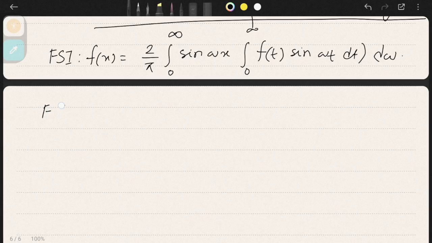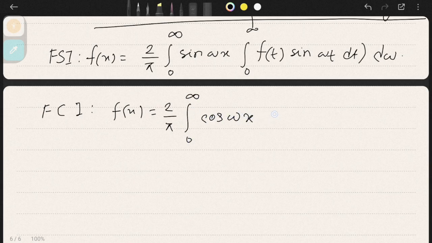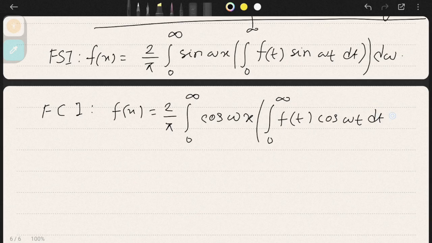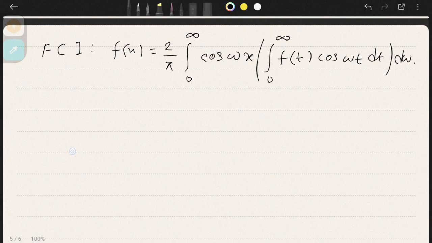And the Fourier cosine integral is given by f(x) equal to 2 by pi, integral 0 to infinity of cos omega x, times the integral 0 to infinity of f(t) cos omega t dt, d omega. That's it. Let's prove the first one, Fourier sine integral.